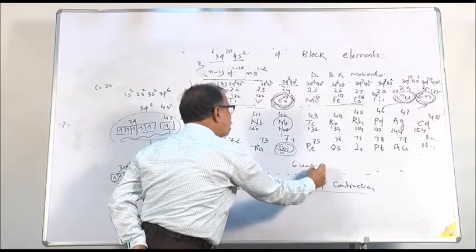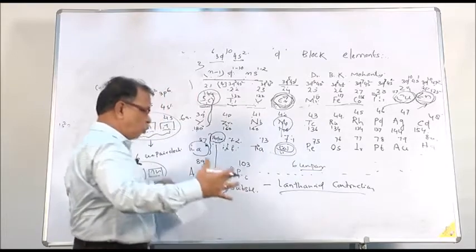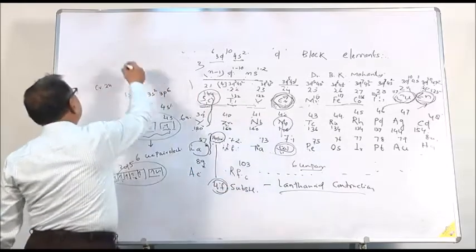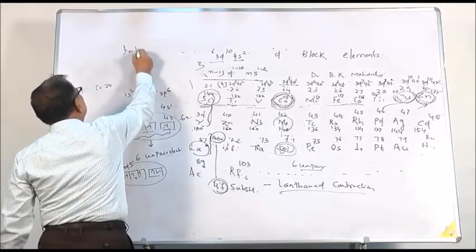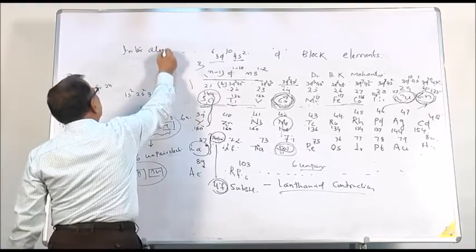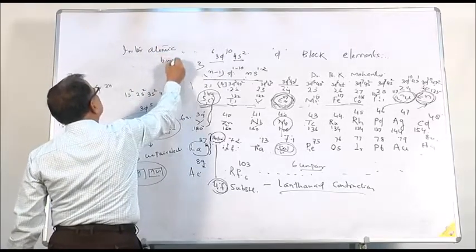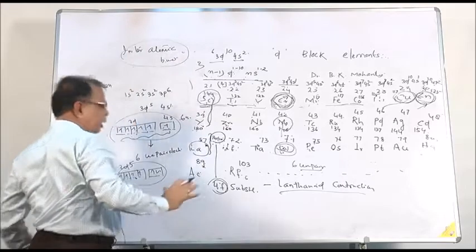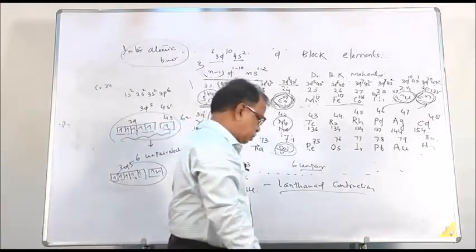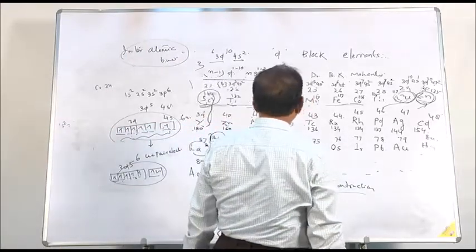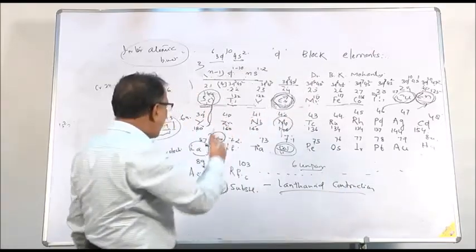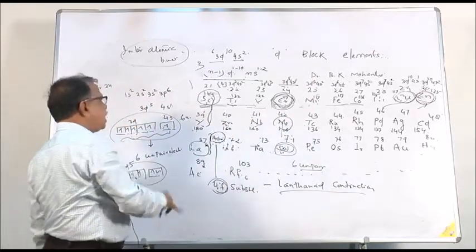The more unpaired electrons there are, the stronger the interatomic attraction, the metallic bond. Metallic bond formation, as in sodium, forms an interatomic bond. So it becomes strong and the melting point increases.